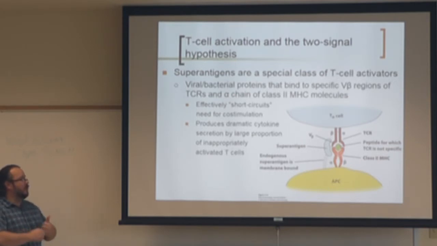If certain bacteria express superantigens, food poisoning is caused by certain superantigens. Botulinum toxin, whatever that bacteria is, has a superantigen. What superantigens do is basically bind non-specifically to T cells and activate them. These T cells then start to proliferate.